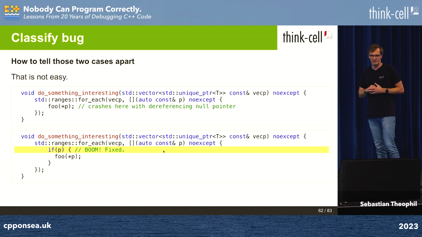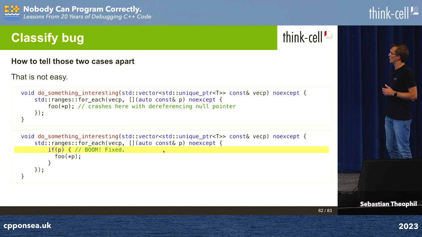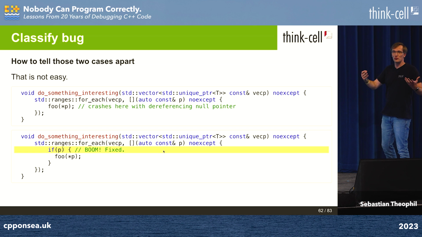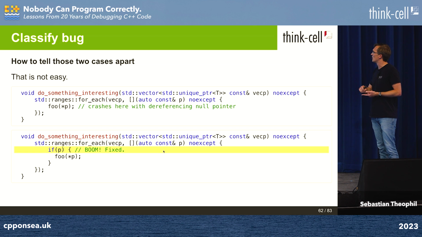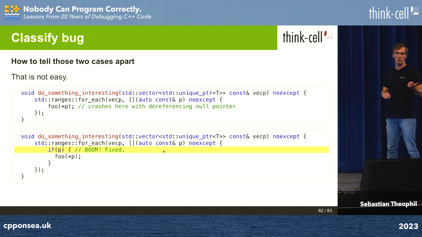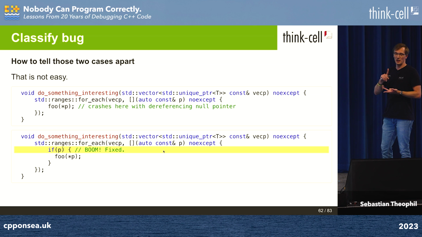Or do we have a bigger problem? Hard to say. But what would you ask if you did a little code review? You would ask maybe, where's that input vector coming from? How is that produced? Is it valid that there's a null pointer in it? Or should that not have happened in the first place? These are questions you should ask to find out, did you make a big mistake somewhere else or a small mistake here that you can fix that way?